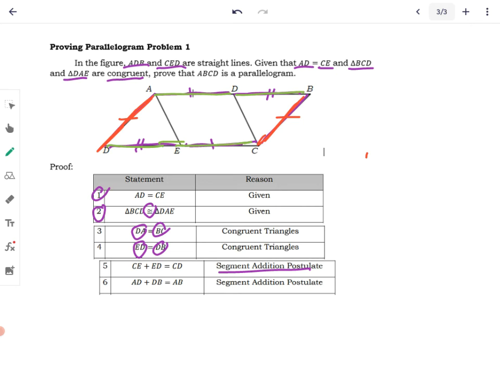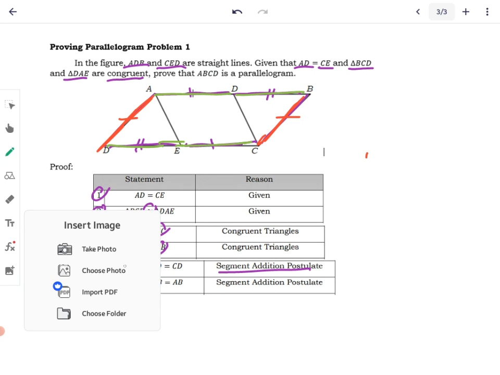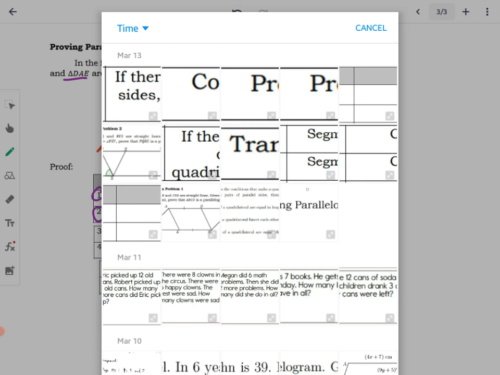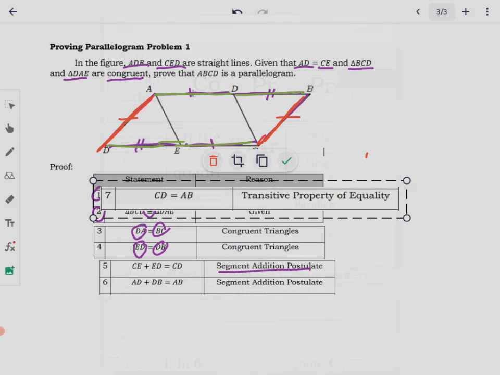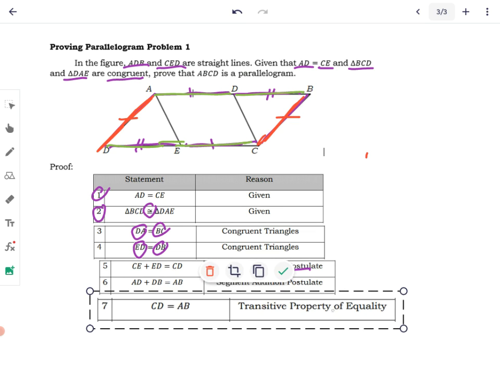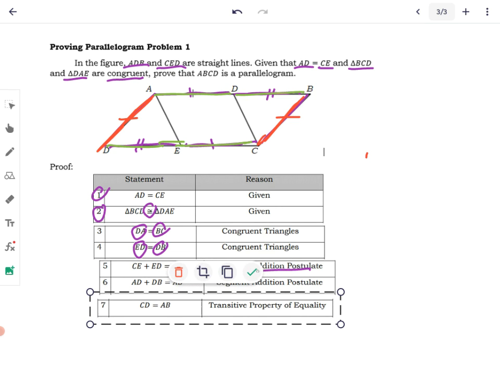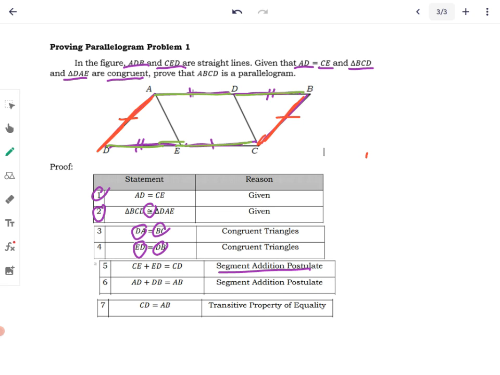Okay, so if we use 5 and 6 as a premise, what can we conclude? Here, number 7. Using 5 and 6, we can say that CD and AB are also equal, because 3 and 4 are supported by 5 and 6. So CD equals AB.